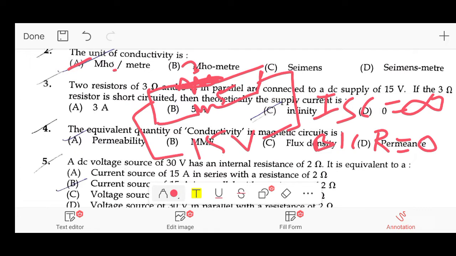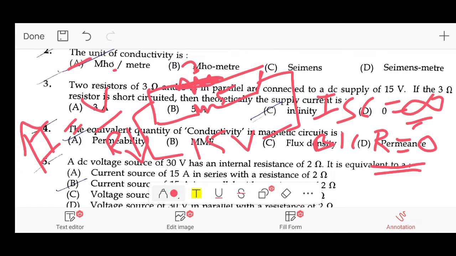Here we have 0 resistance, so current flows infinity, because we can also see from Ohm's law, I equal to V by R. When resistance decreases, current increases. So here resistance is 0, 1 by 0 will be infinity. So current is going to be infinity. Infinity is the answer.